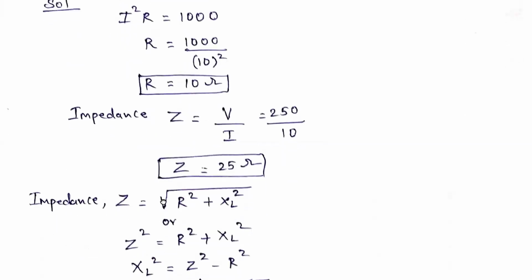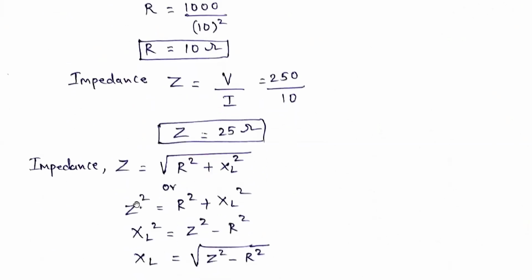Z is 25 ohms and R is 10 ohms, so easily you can calculate XL. Z is equal to root of R squared plus XL squared, or in other terms Z squared is equal to R squared plus XL squared. So XL squared is equal to Z squared minus R squared.